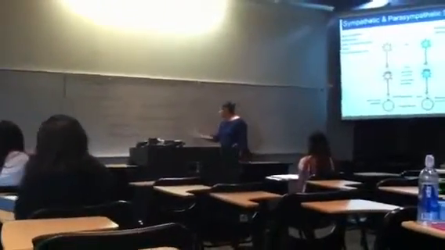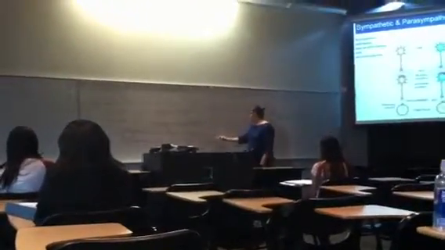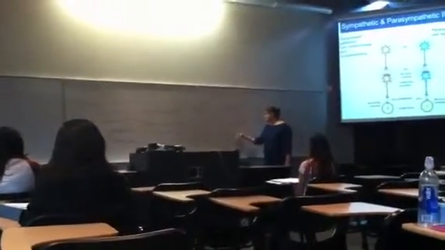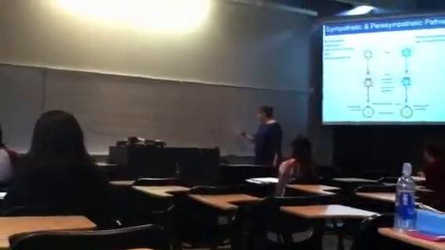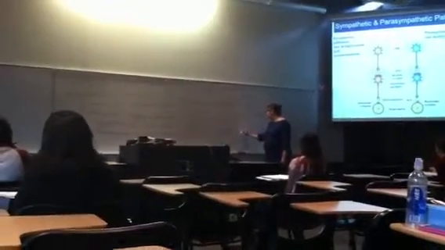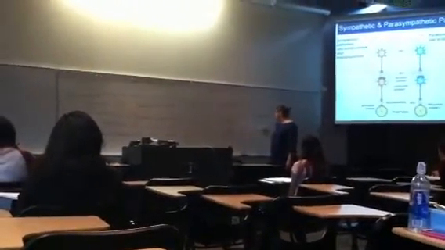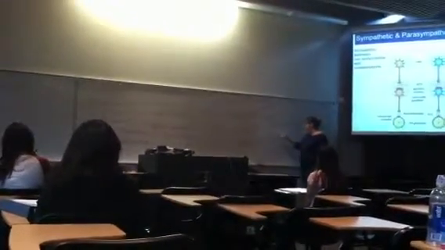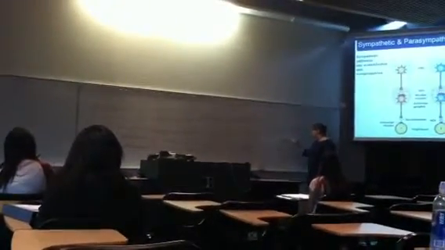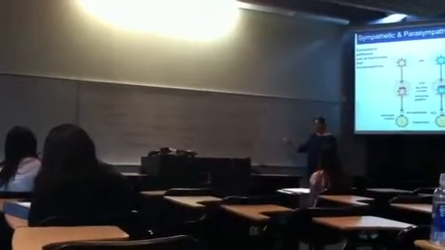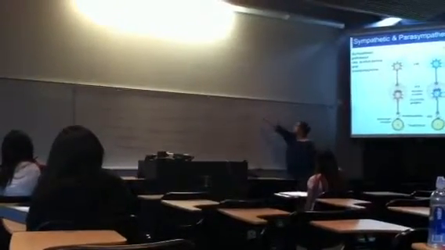Parasympathetic. What does parasympathetic use? This is neurotransmitter. What neurotransmitter? Acetylcholine. And what receptor does it bind to? Muscarinic. Be more specific. Muscarinic type. What's the other part of it?